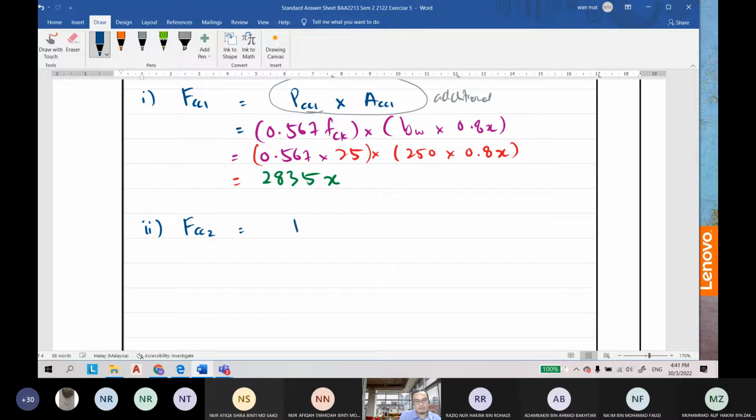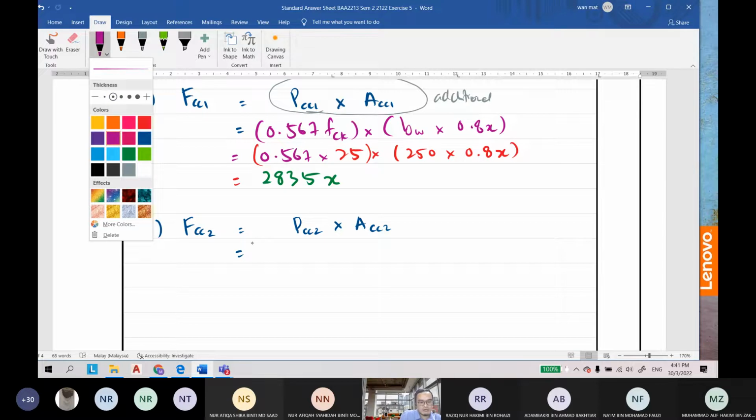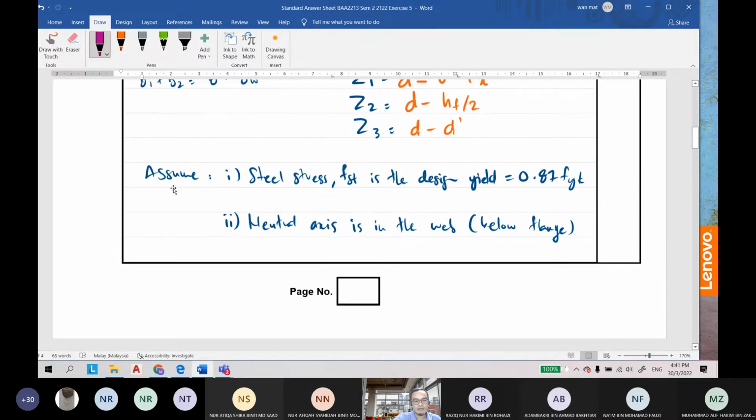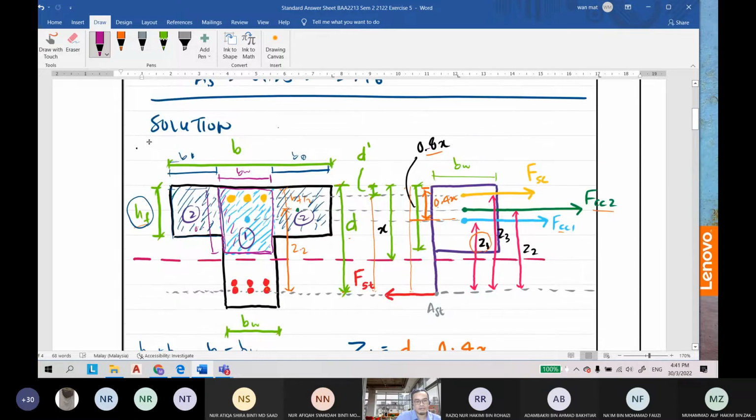So number 2, FCC2 is equal to, similar concept, pressure for CC2 times area of CC2. This is the standard 0.567 FCK multiplied by the area. As mentioned before, we need the distances B1 and B2 because we want to multiply by HF later, so we must ignore BW.